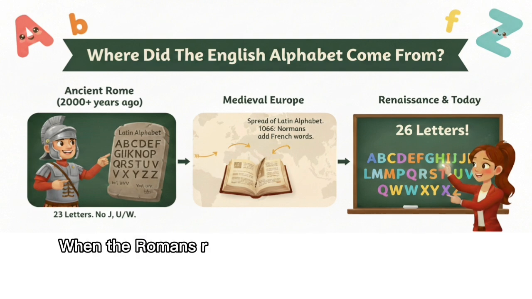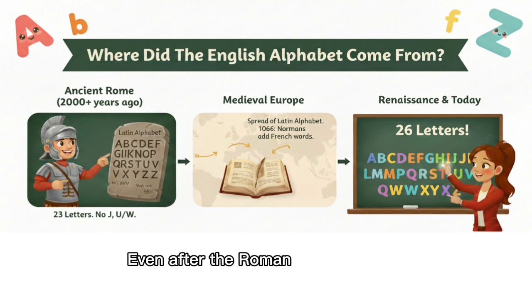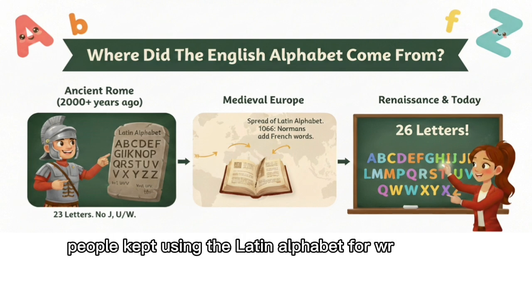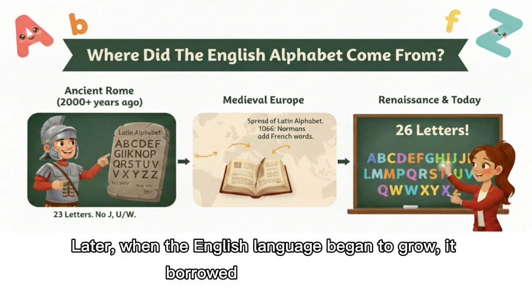When the Romans ruled Europe, their alphabet spread to many countries. Even after the Roman Empire ended, people kept using the Latin alphabet for writing and learning. Later, when the English language began to grow, it borrowed the Latin letters.